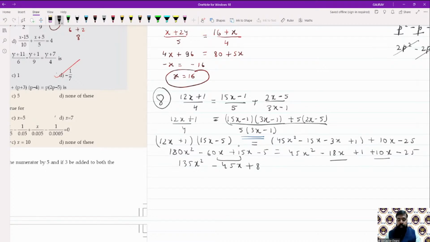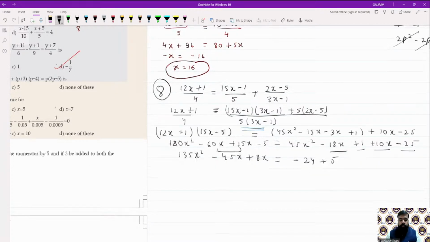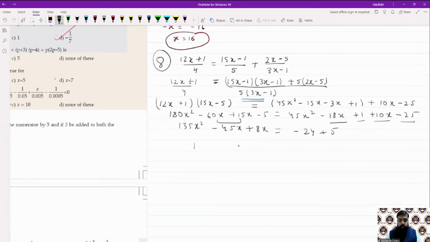It will go on the other side and become positive. Then what is left? 1 and minus 25 is minus 24. Minus 5 will go and become positive, plus 5. Now we can simplify further. 135x square.